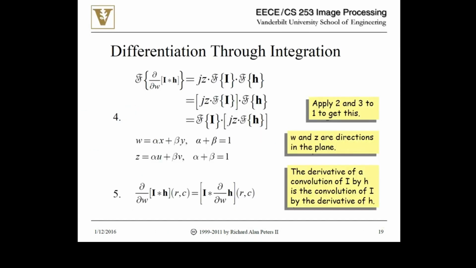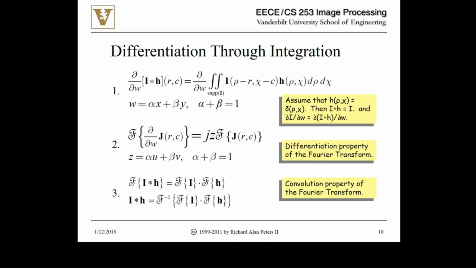Those are the three expressions that we have here. So you see, the derivative with respect to some direction of a convolution is the image convolved with the derivative of that kernel. And here we have the directional derivative.